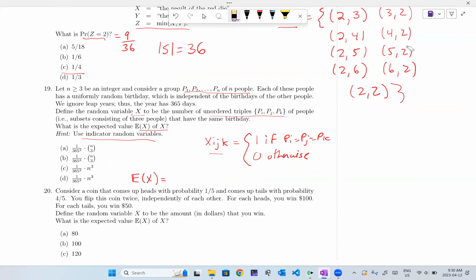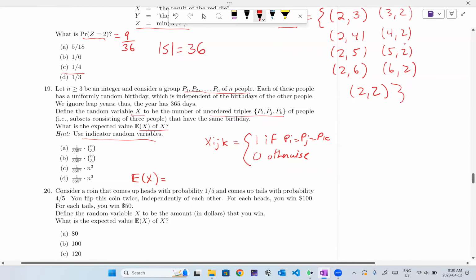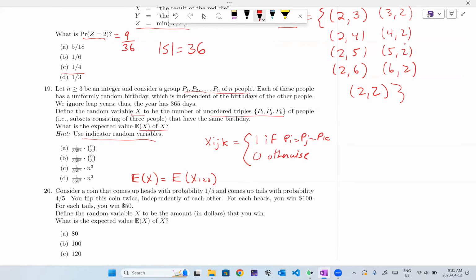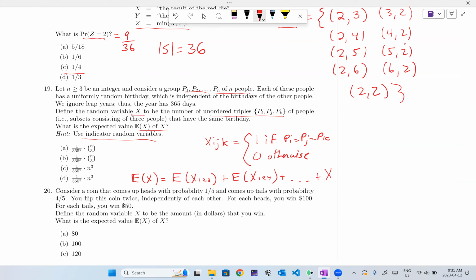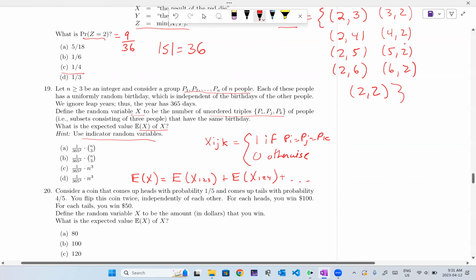So when I determine the expected value of X, that is the expected value of X_1,2,3, plus the expected value of X_1,2,4, and basically all possible triples, up to X_{n-2,n-1,n}.